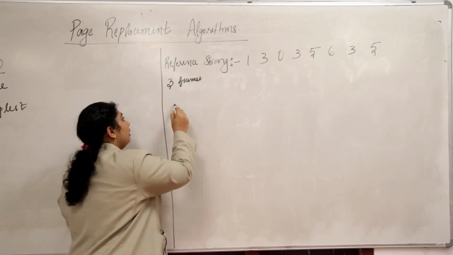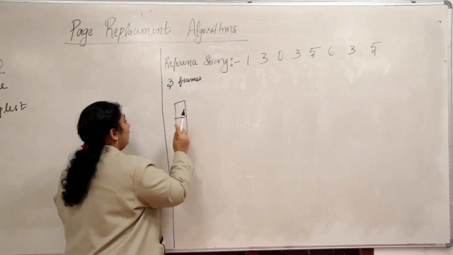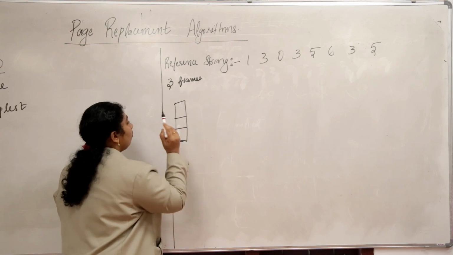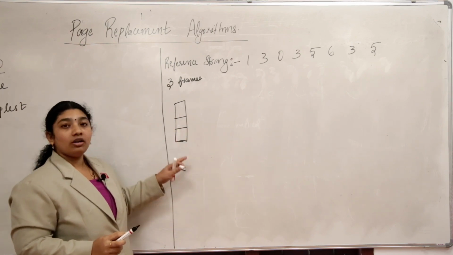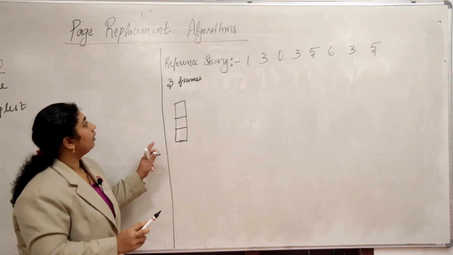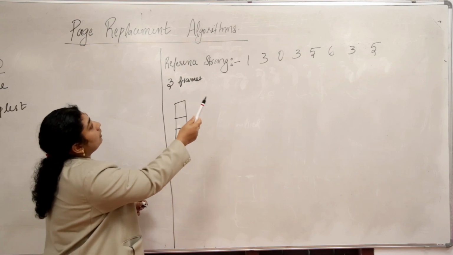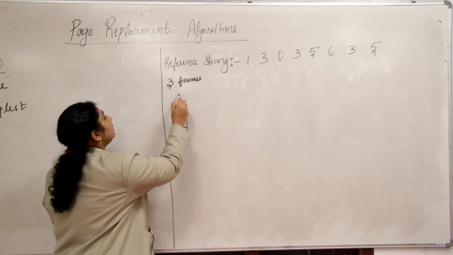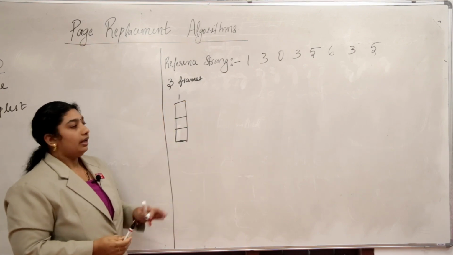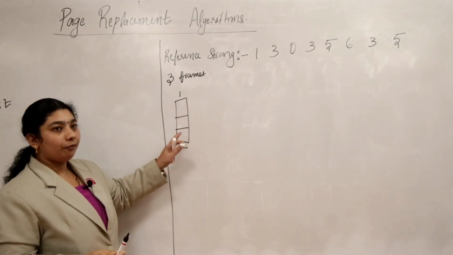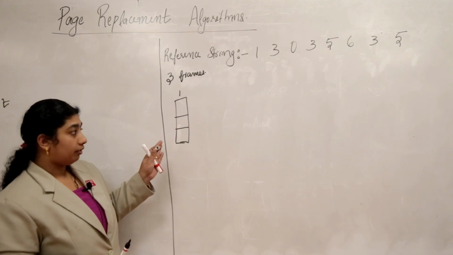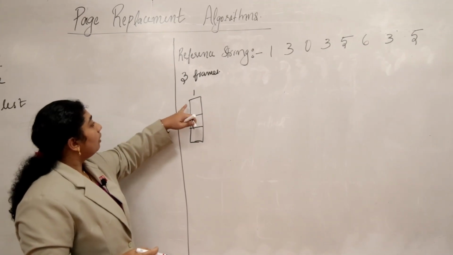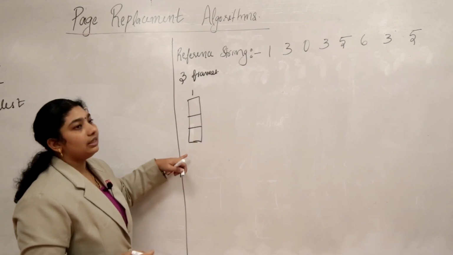This is our physical memory with 3 frames. Initially all 3 frames will be free. We'll see how the reference string will be handled. The first requested page is 1. Initially all the frames are free, so 1 can be accommodated. First we check whether 1 is present in the physical memory.